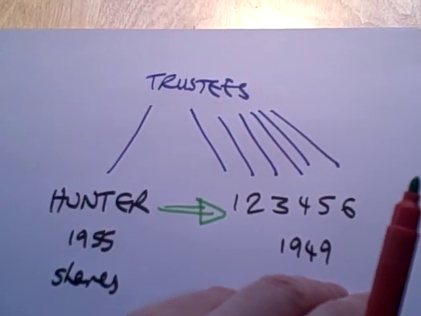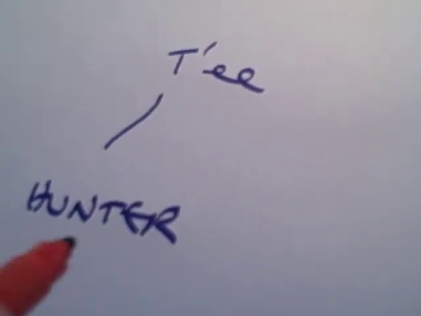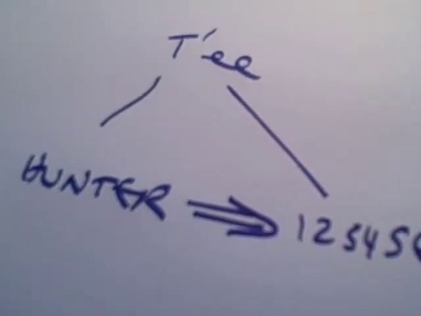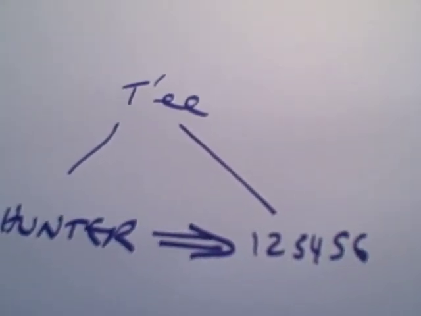So the way in which we should think about this, I would suggest, is in the following way. We should think about it as being a case in which the trustee stayed in the same place. The trustee who was holding for Hunter. It's quite odd watching your own handwriting through a tiny screen on a flip video. And that what happened instead was that this equitable interest is transferred to the 6 grandchildren settlements and is held on trust by the trustee.